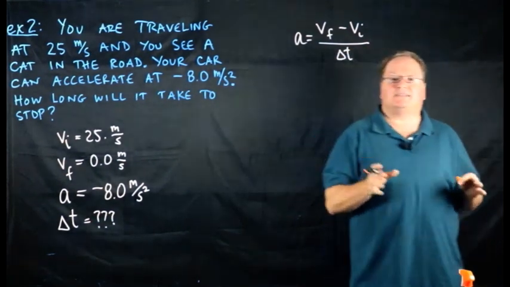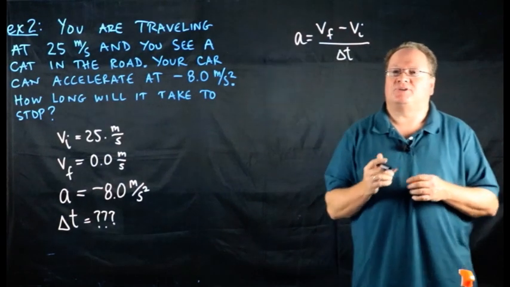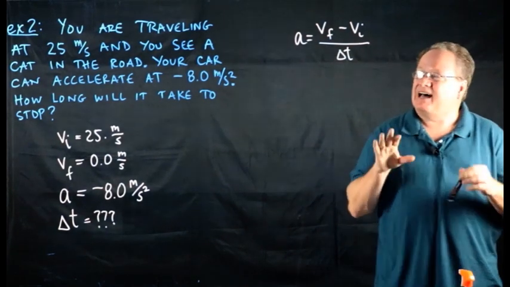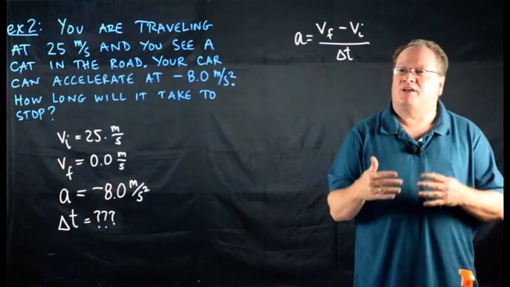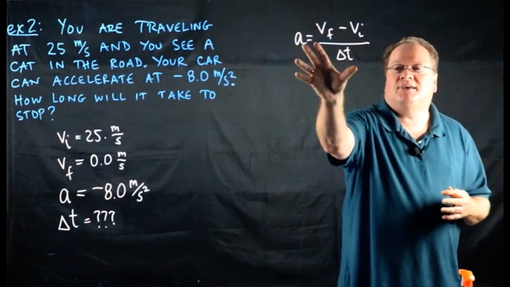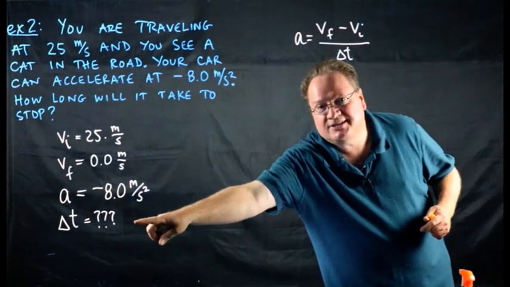Now, why is this a little more challenging than the last question we looked at? Because I have to do a little bit of algebra to this in order to solve for delta t.